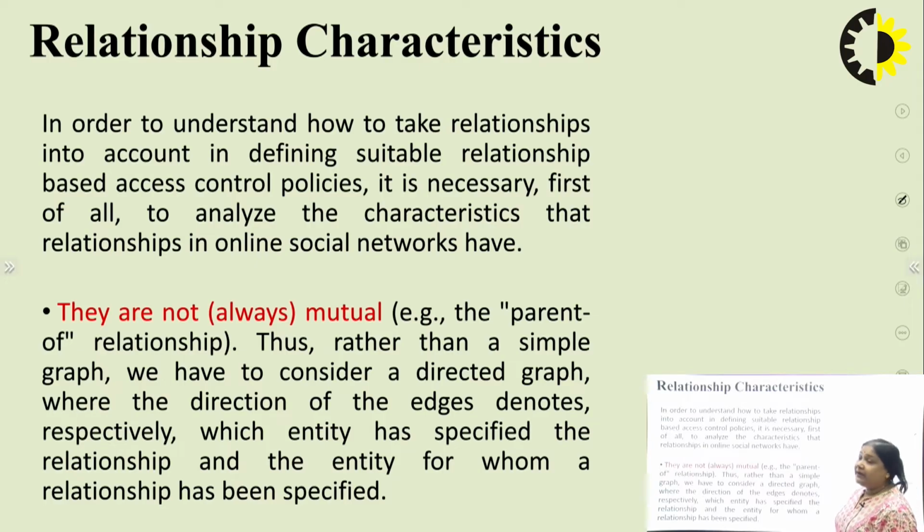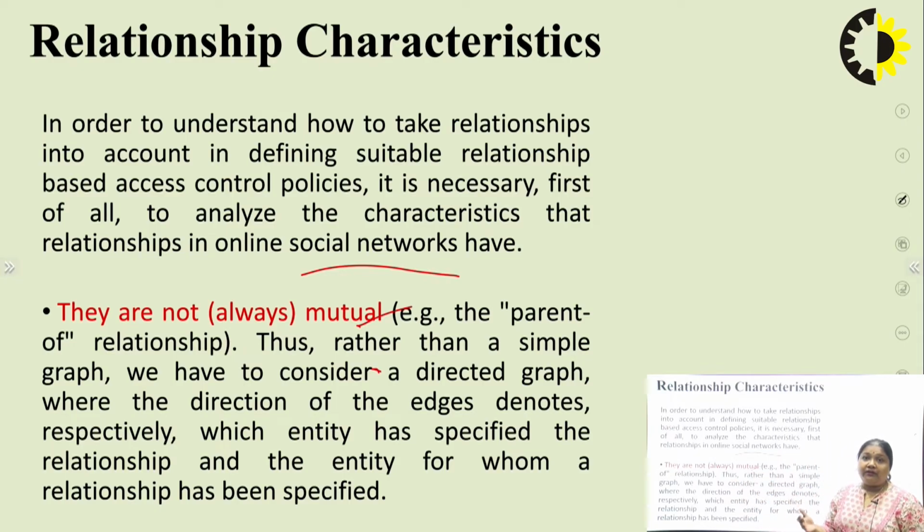There are multiple types of relationship characteristics. In order to understand how to take relationships into account in defining suitable relationship-based control policies, it is necessary to analyze the characteristics that relationships have in online social networks. So there are multiple types of characteristics that we have taken into account for relationships. First, they are not always mutual.